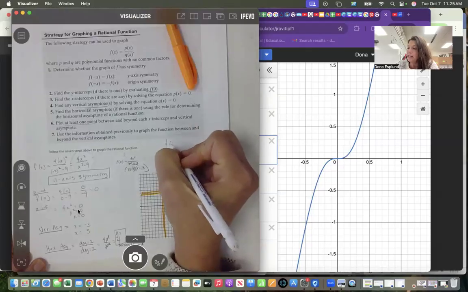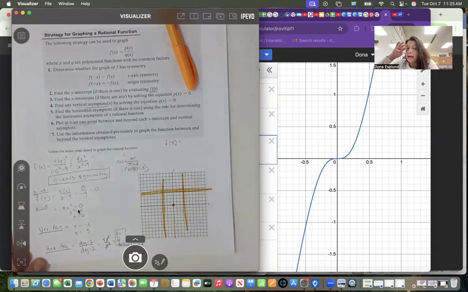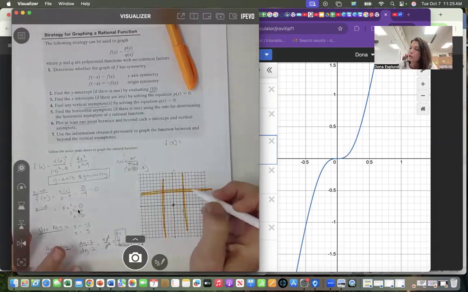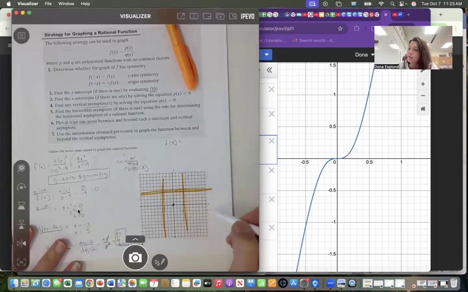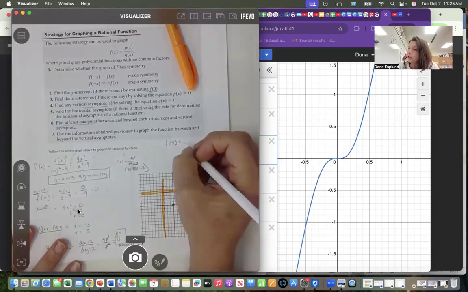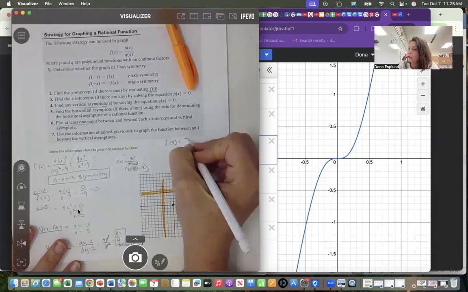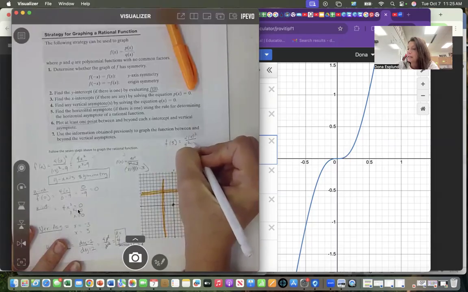So if I want to find f of 5, and again, I could pick 6, I could pick 7, I could pick whatever I want. I'm just kind of going to try and go close to here because I want to find out, is my graph going to be up here in this section or is it going to be down here? And so when I do f of 5, I go 4 times 5 squared all over 5 squared minus 9.